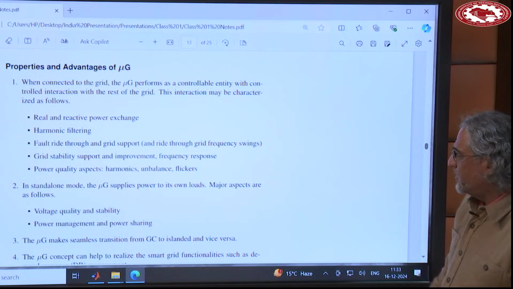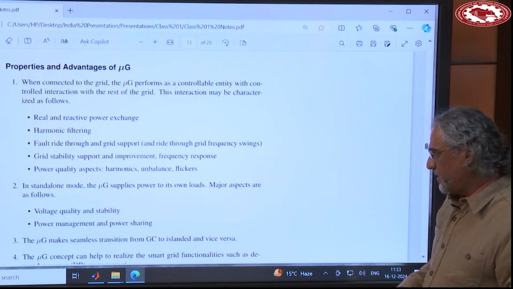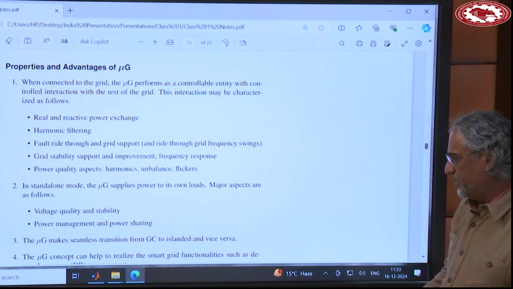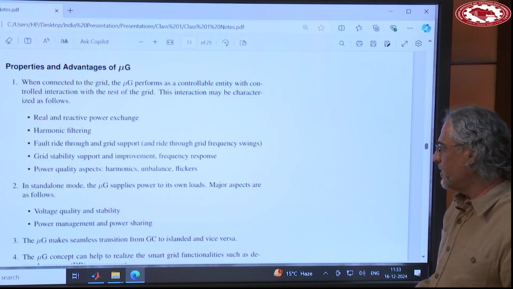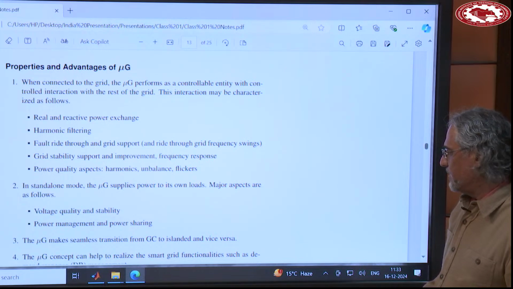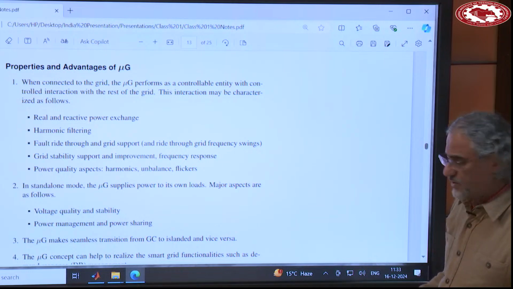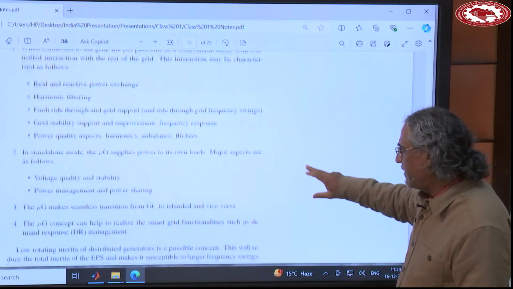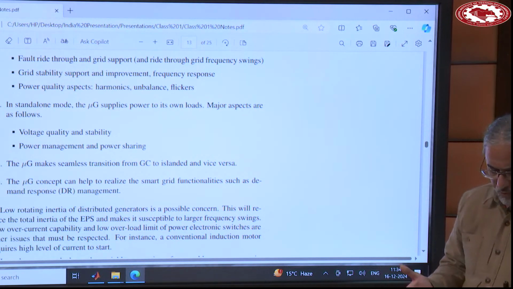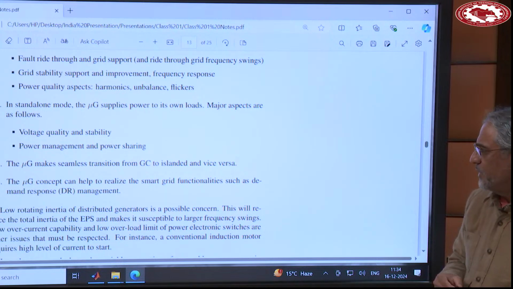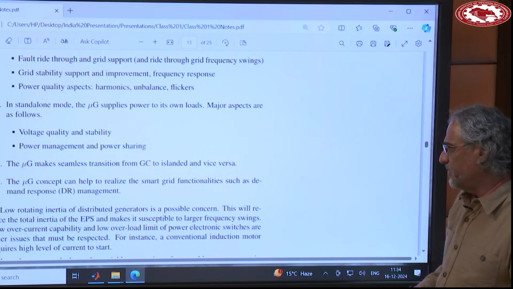And when it is disconnected from the power grid, if it needs to operate as an autonomous system, the voltage quality across the microgrid terminals or nodes is very important, and so are power management and power sharing among the generating units inside it. Ideally, it should be able to operate in both modes, grid connected and islanded mode, and transition from one mode to another without difficulty.